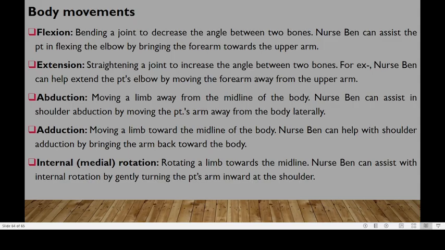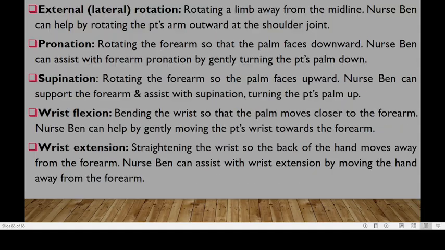Adduction, where the shoulder adduction can be done by bringing the upper arm back to the body. Internal, that is medial rotation, where we can assist the patient with internal rotation by gently turning the patient's arm inward at the shoulder.